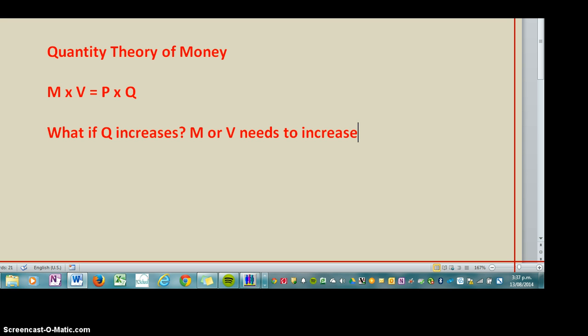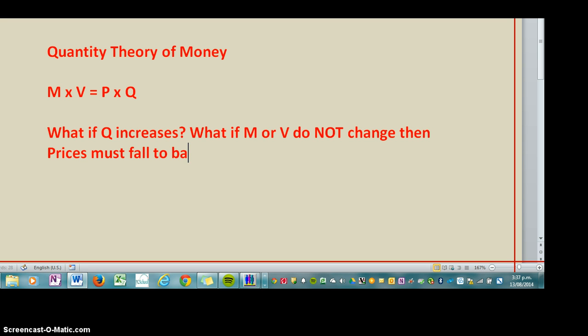What if they don't? What if M or V do not change? Then the only thing that happens is the prices must fall to balance the equation.